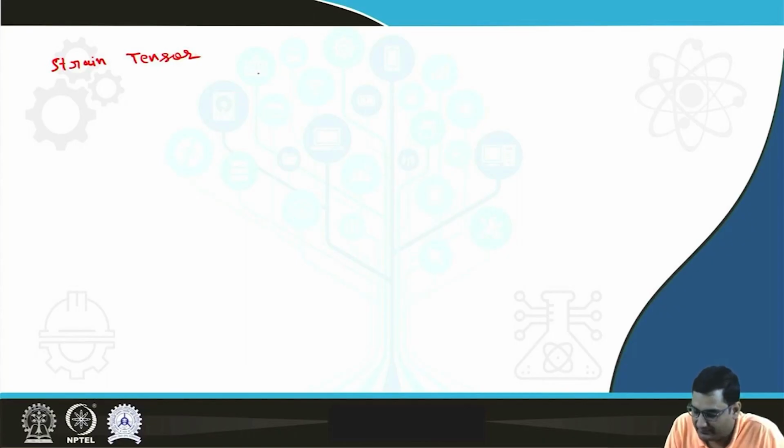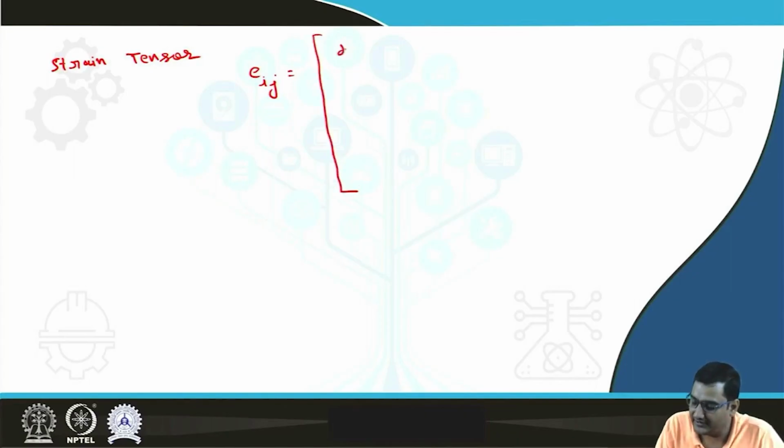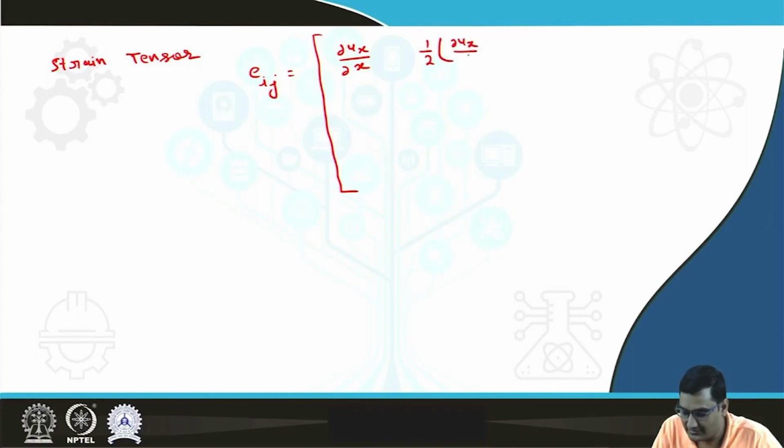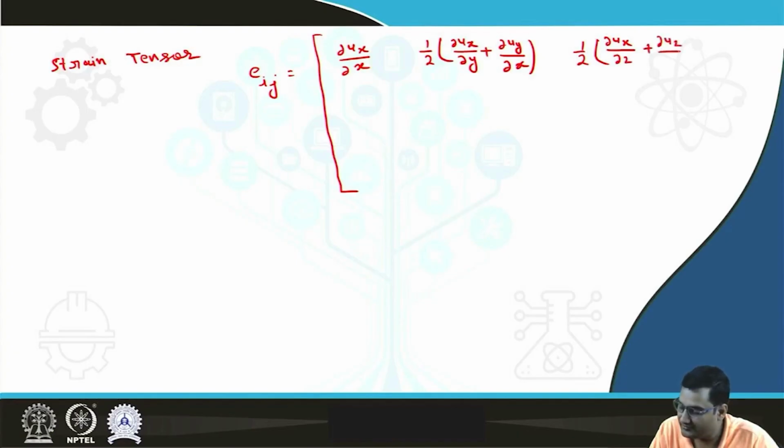The strain tensor can be written as E sub ij, which will be equal to, we have seen this particular matrix before: del ux by del x, and half of del ux by del y plus del uy by del x, and the next component is half of del ux by del z plus del uz by del x.